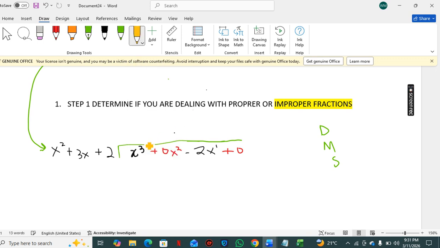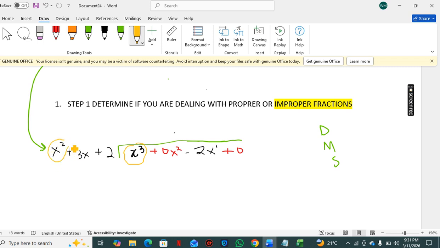Remember this x cubed, 0x squared, 2x, and 0. They are terms. The more terms you have, it's a polynomial. So you divide the leading terms. For the dividend, which is the expression here, the leading term is x cubed. For the divisor, the leading term is x squared.